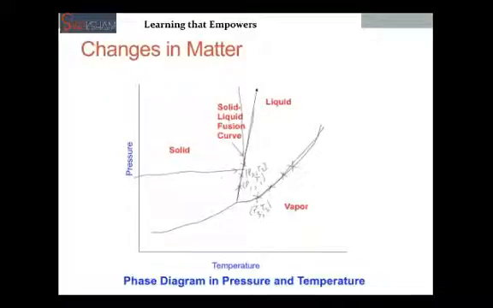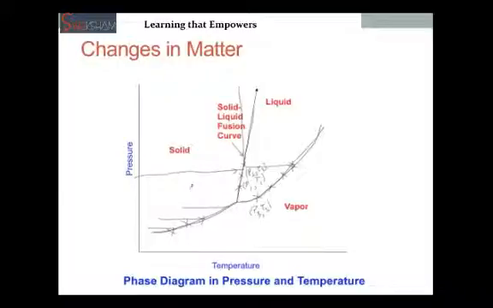Thus, if I had a certain pressure, I could find out the unique temperature for that pressure where water will become vapor. This line here is similarly the locus of all points in this diagram where solid ice will sublimate into vapor directly. So for a given pressure, I could find out the temperature at which ice will become vapor.